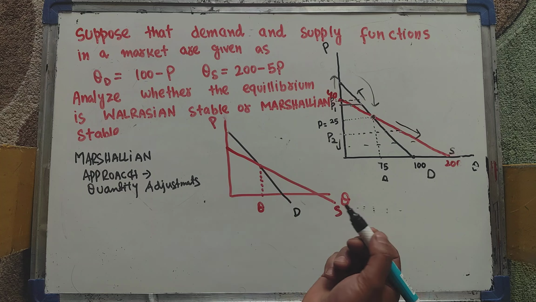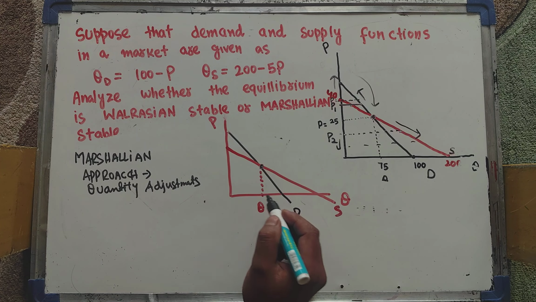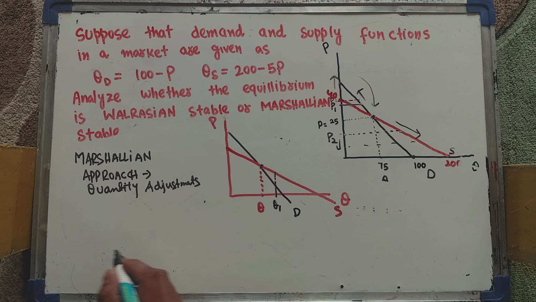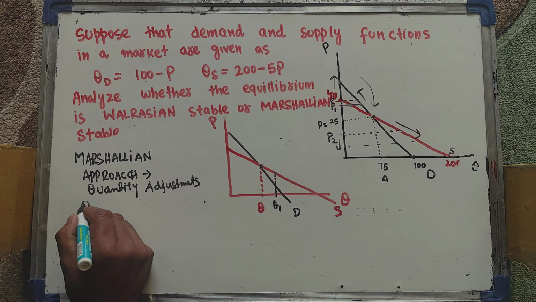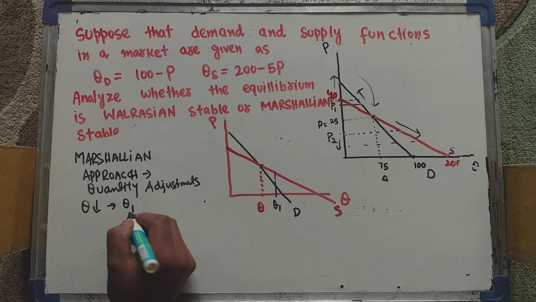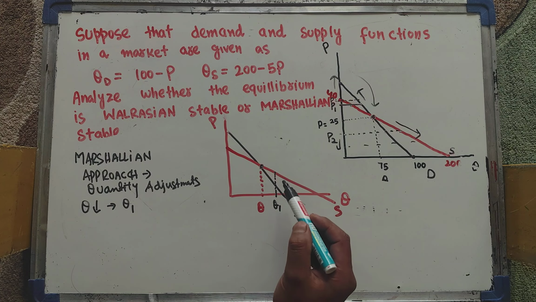Let us suppose for some reason we were at this point, Q. Let us suppose quantity decreases to Q1. At Q1, what happens?